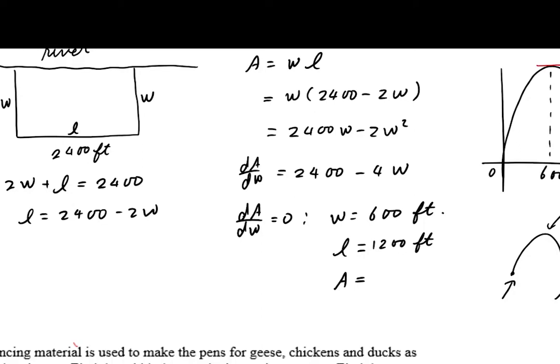So multiply these two together, then, oh boy, 600 times, it's not going to recognize my handwriting this way, 1200 times 600, and using this OneNote to do the math.